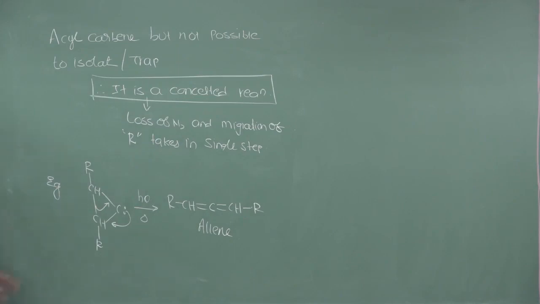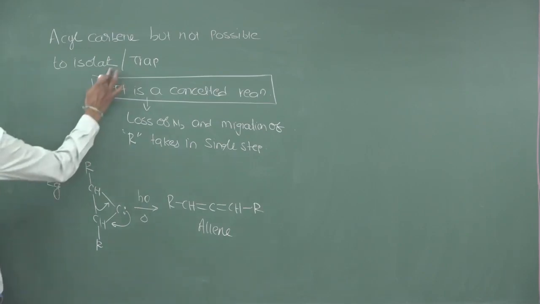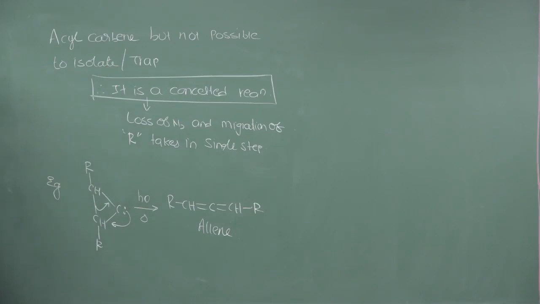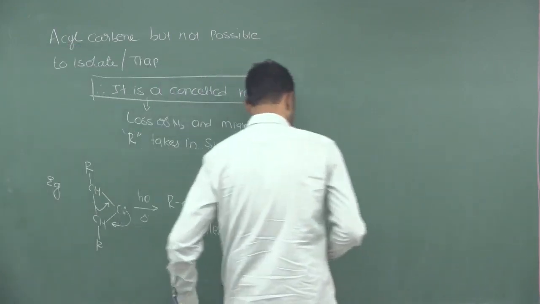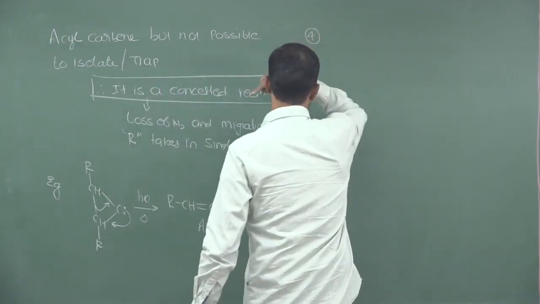Carbenes undergo rearrangement to give allenes, especially if the carbene is present on a 3-membered ring. Clear? That is rearrangement.